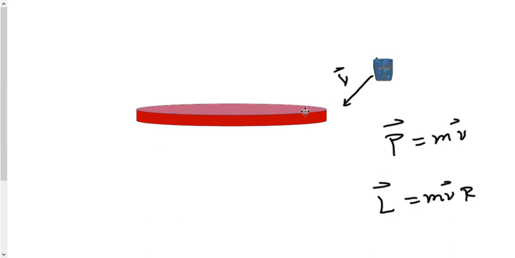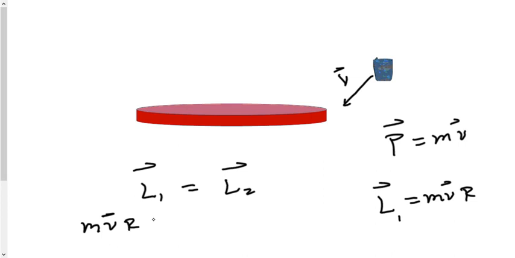Okay, when it lands on it, it's going to cause it to spin around and around. But we do know this would be like L1. So L1, angular momentum 1, has got to equal L2, angular momentum number 2. So when it reaches there, we're going to have two different moments of inertia to deal with here. So we'll do m v r.